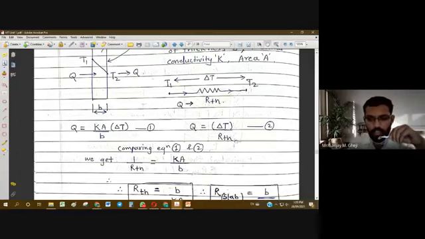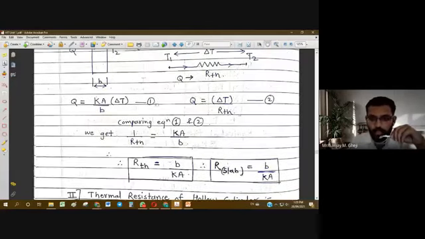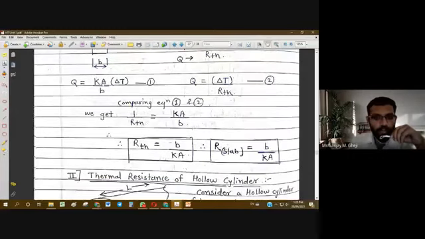This is the general form, equation 2. Both equations are the same, so we can equate them. Equation 1 and 2 both can be equated. Left hand side is the same, right hand side can be equated like this: K upon B equal to 1 upon R thermal.